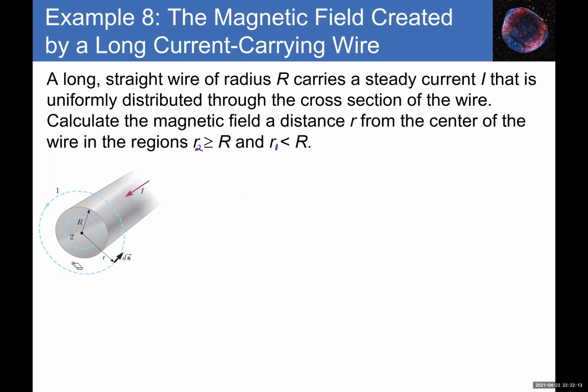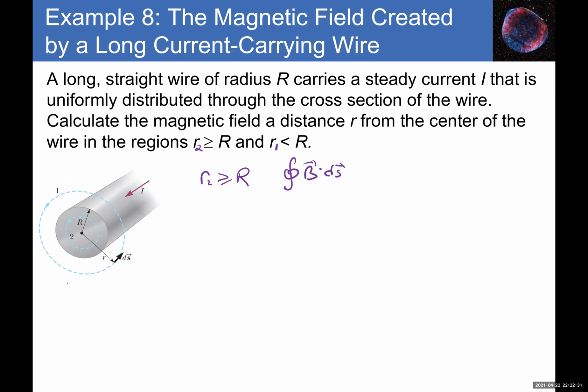One important thing to understand here: let's start with the second condition, R2 greater than or equal to the radius. If I choose this, it's straightforward: the closed integral of B dot ds.